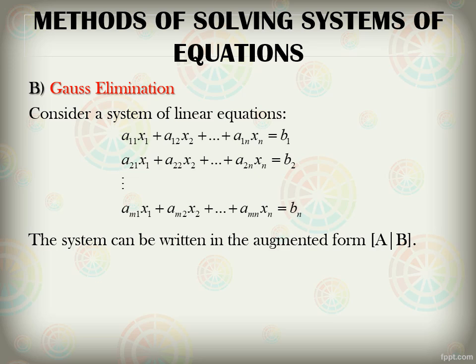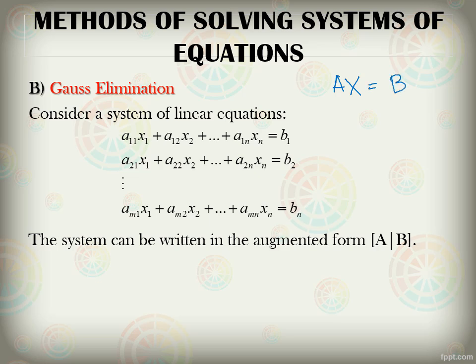Now we go to the second method, which is the Gauss elimination method. Right, so the first step is the same as the inverse method. You need to transform your system of linear equations into matrix form.